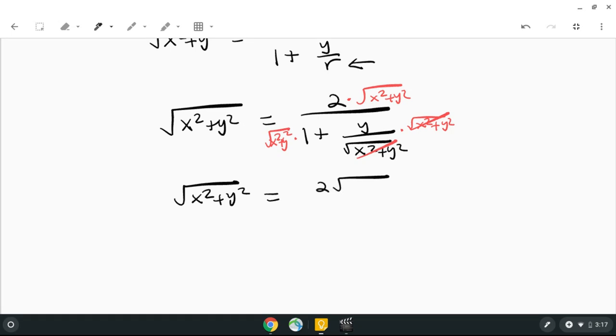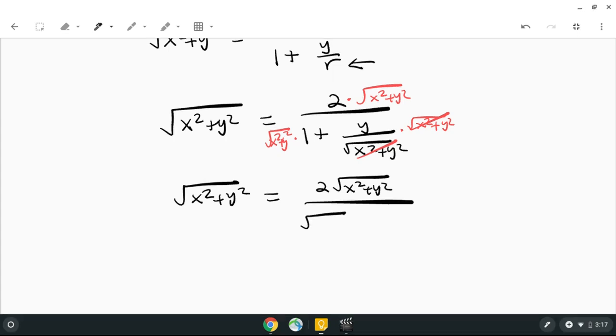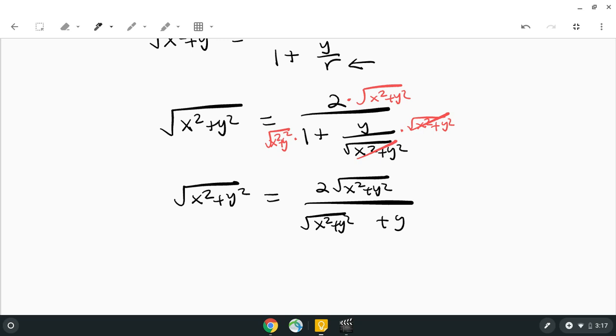So here we get this in the numerator, and then we get this over here, and this would be fine with me.